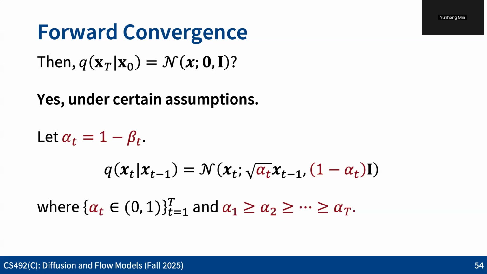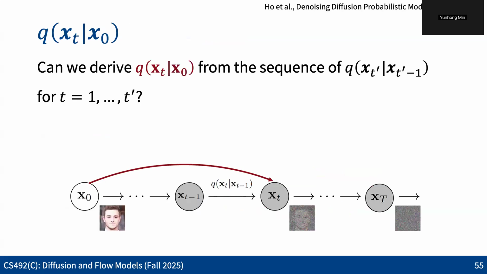And based on this, what we are first going to see is that we only defined this one step of the transition distribution, right? We know how to sample the x_t from the x_{t-1}, right? But when you think about the accumulation of these transition distributions, can you directly sample the x_t from the x_0?